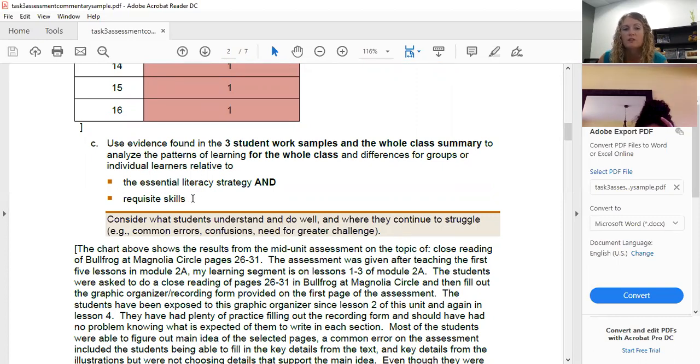For example, I know we did main idea with Mrs. Bannon. If you saw that Mrs. Bannon video from stage 2, where we talked about task 2, she was doing main idea with essential details and non-essential details. So the essential literacy strategy is identifying the main idea. The requisite skills are picking out important details and not important details.